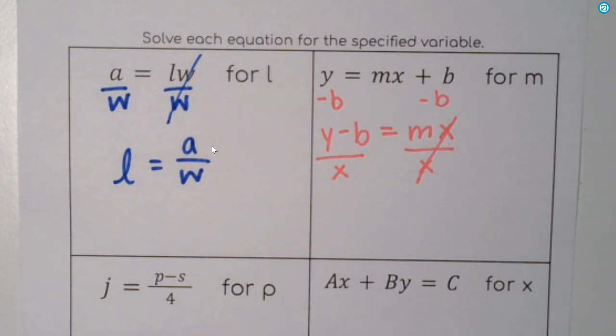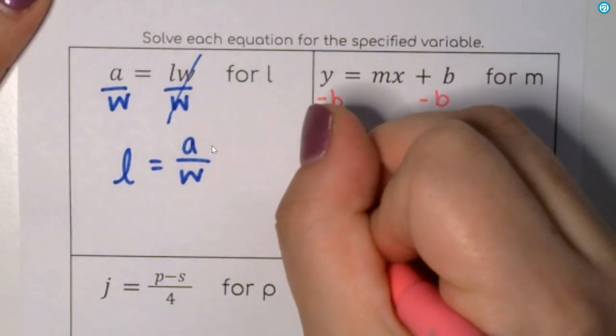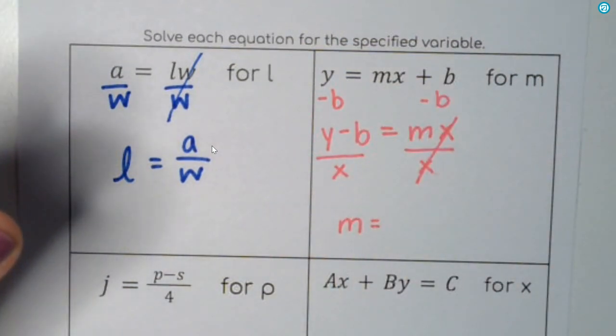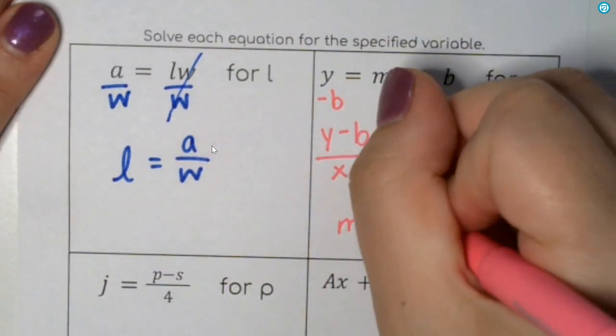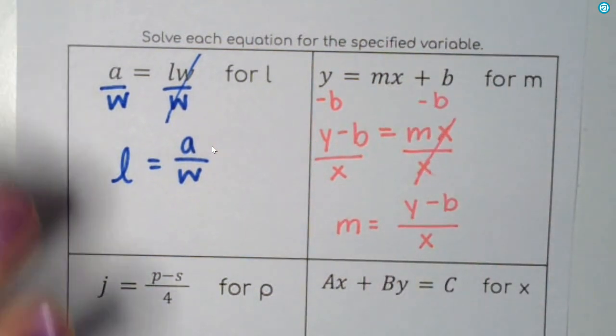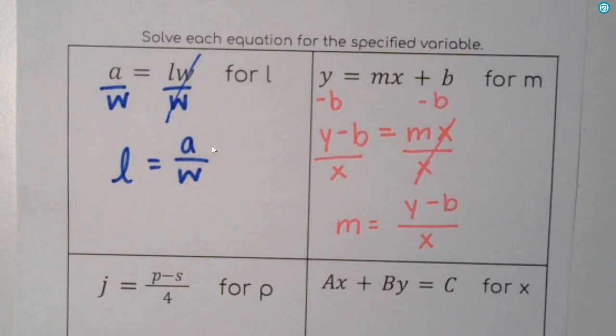So my final answer on this one is m equals y minus b all over x. And we just leave it with our variables at the end.